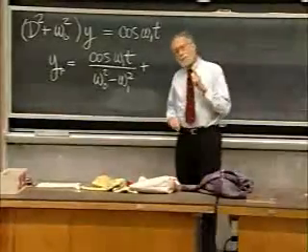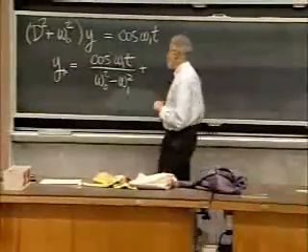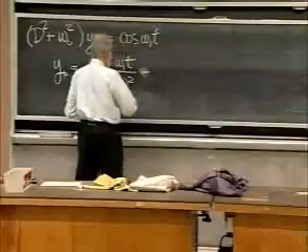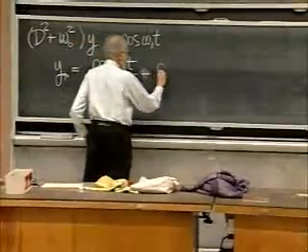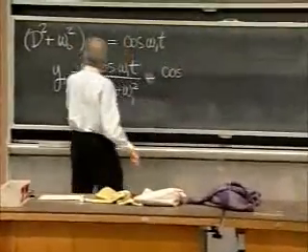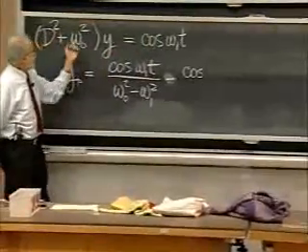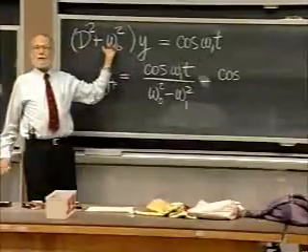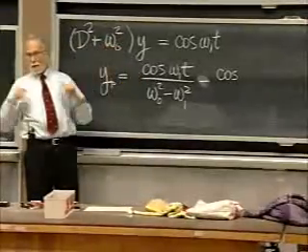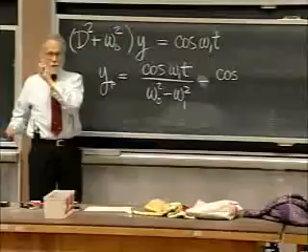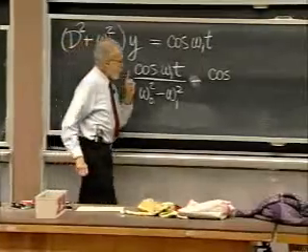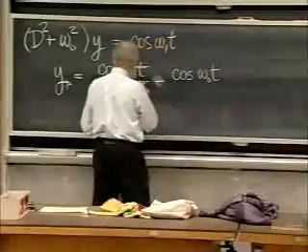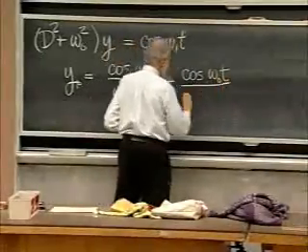Now, all I'm going to do is pick out one good function which solves the homogeneous equation, and here it is, minus the function cosine. In fact, what does solve the homogeneous equation? Well, it's solved by sine omega naught t, cosine omega naught t, and any linear combination of those. So out of all those functions, the one I'm going to pick is cosine omega naught t, and I'm going to divide it by this same guy.